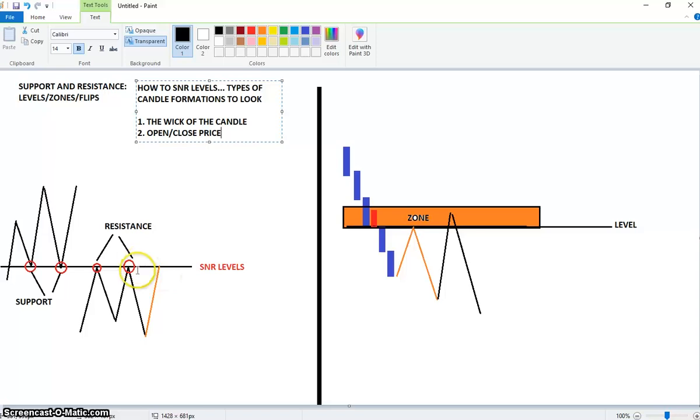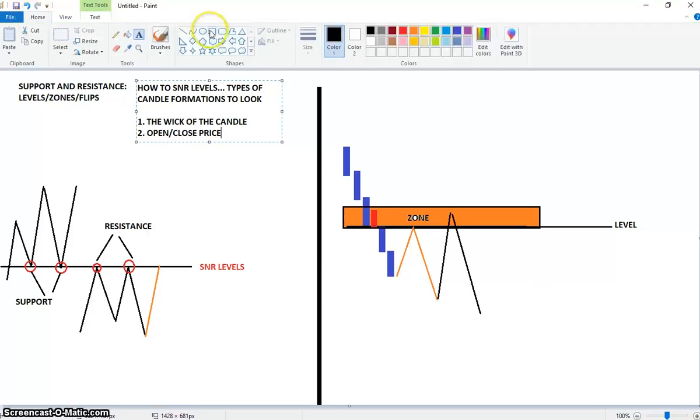Okay, for example, if I want to take this one as an S and R level, this area, we can look at this. For example, this is one candle. It's a bullish candle, so let's make it a bullish candle.